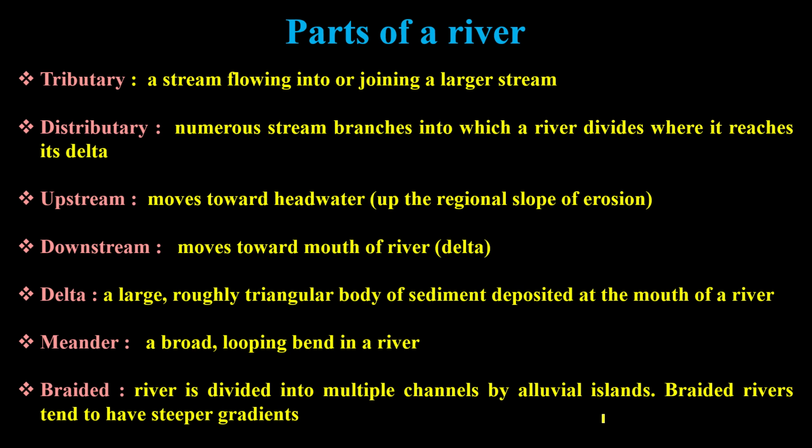A delta is a large, roughly triangular body of sediment deposited at the mouth of the river, where the river meets the sea or ocean. Let's cite one example: the Ganga-Brahmaputra Delta, the world's largest delta.